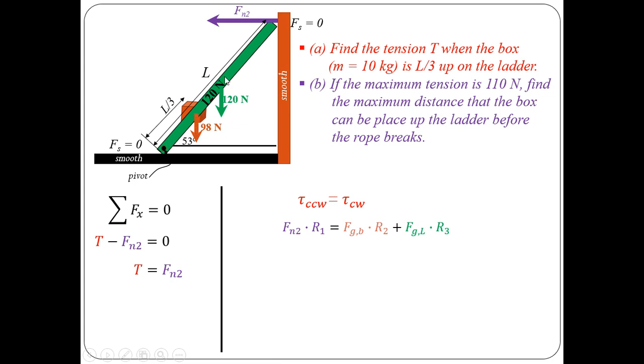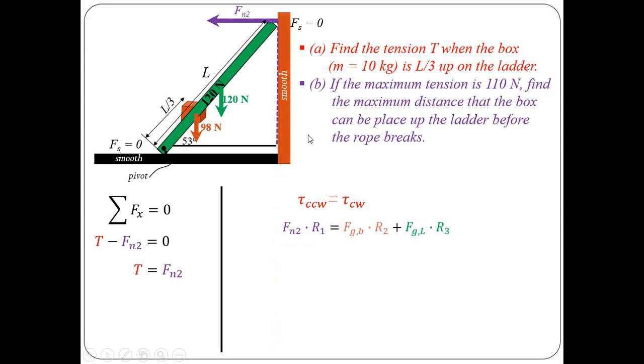So both of these arrows will cause a clockwise torque, while if you pull this ladder in the direction of Fn2, it will cause it to rotate in a counterclockwise direction. So that's what I have set up here. There's only one force that creates counterclockwise. There are two forces that create clockwise torque, and things must be equal in terms of clockwise and counterclockwise.